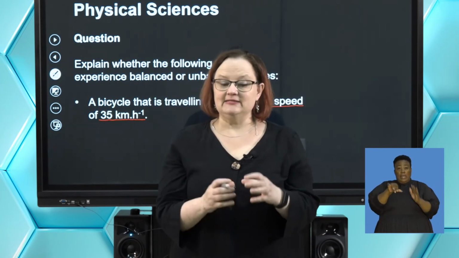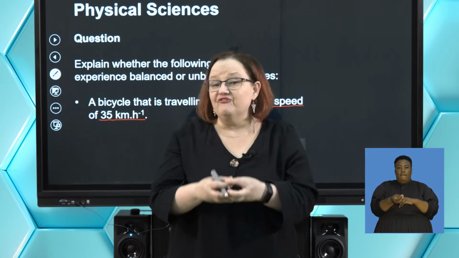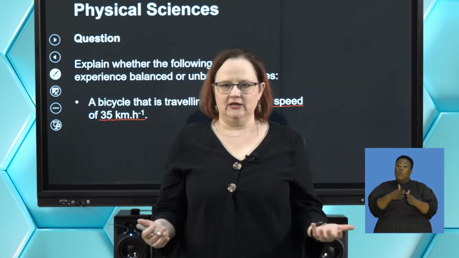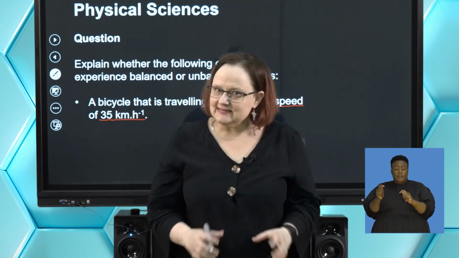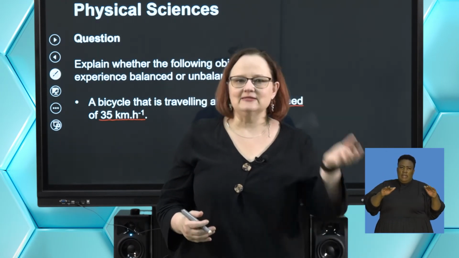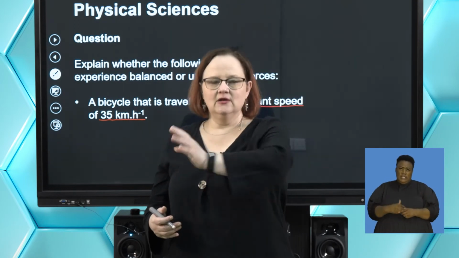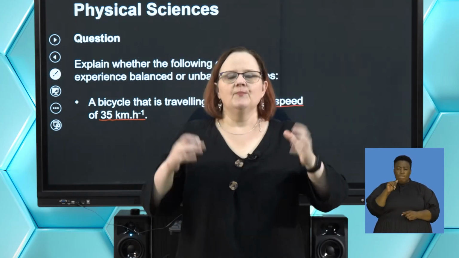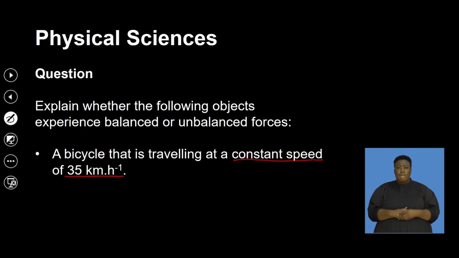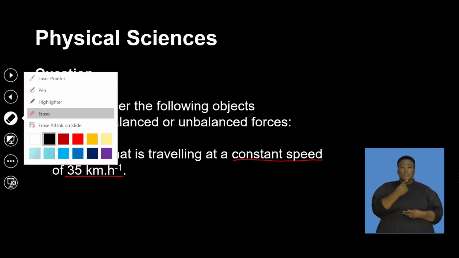That doesn't matter. The point is that it's got a constant value. Its velocity or speed isn't changing. That tells me that the forces must be balanced. The speed is constant. It's not changing. Balanced forces, okay? So we won't put it as velocity. We'll say the speed is constant.